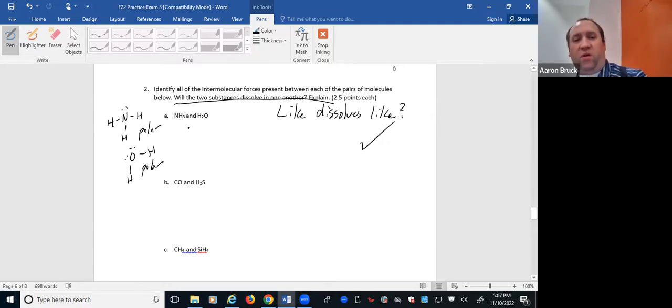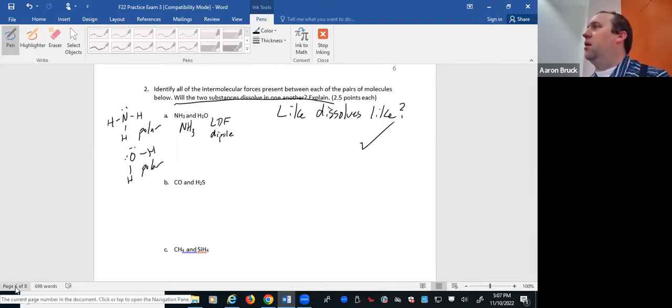Now, as far as the forces that are present, we need to look at each one individually. In ammonia, we're going to have London forces, because those are in all things. We're going to have dipoles, because it's polar. Is ammonia going to exhibit hydrogen bonding?